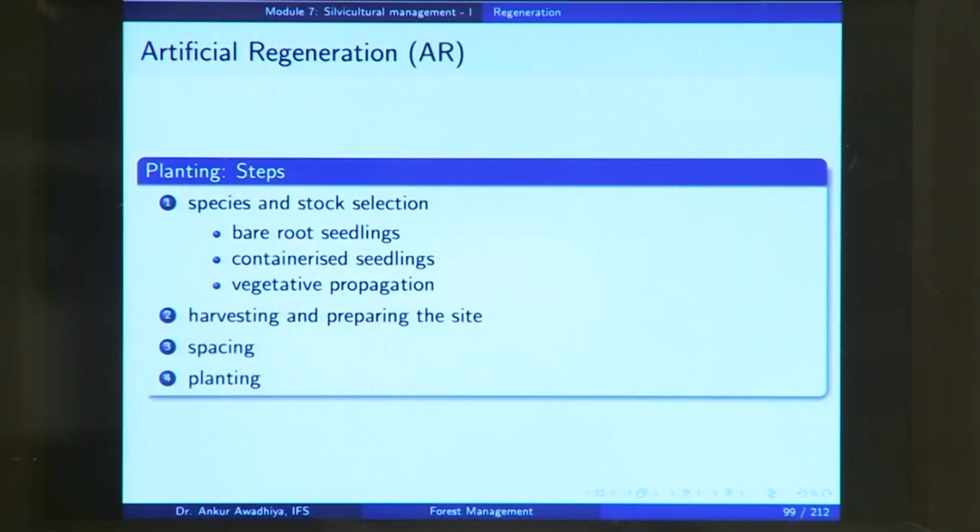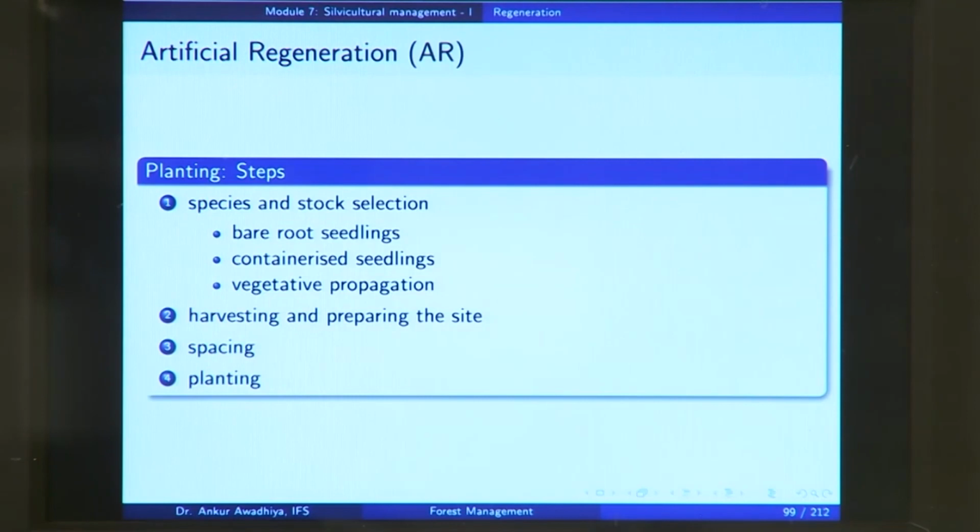You might also want to add some amount of manures or fertilizers, or say insecticides or fungicides into the soil. Then you also select your spacing that you want. So, if you want to have your plants close by, or do you want to grow them at a distance. So, that is also another management decision that you need to take before you are making holes in the ground.